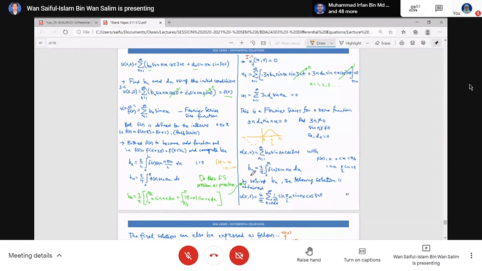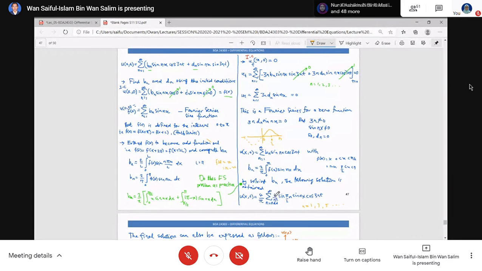Alright. So by finding the value of b sub n from your integration, and then substituting into our solution, you have the final solution to be u x t equals 4 over pi summation of n up to infinity, where n is a series of odd numbers. n is 1, 3, 5, 7, and so on, and only odd numbers are used.